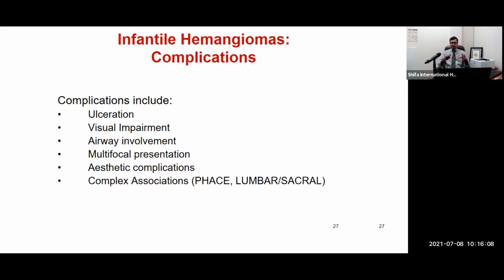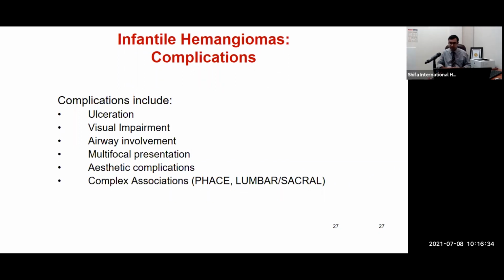Now let me slow down here and give you a bit of an idea. If it is close to the eyes, we worry about glaucoma and eye involvement. If it's in the midline, especially around the mouth or in the neck area, we worry about upper respiratory tract involvement, and then it needs to be seen by the ENT doctors, because of airway involvement.